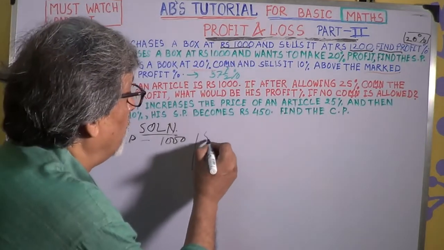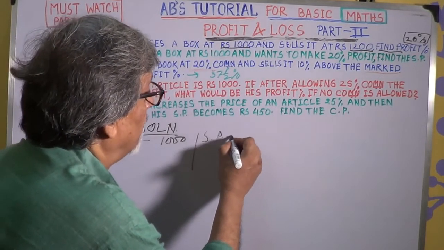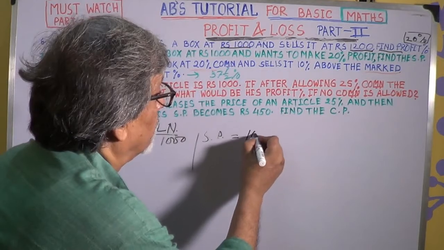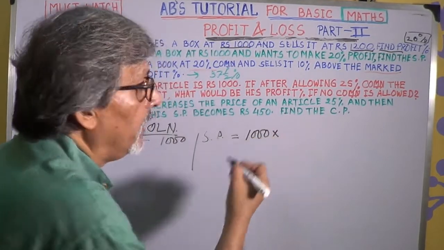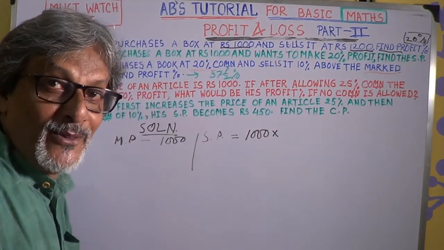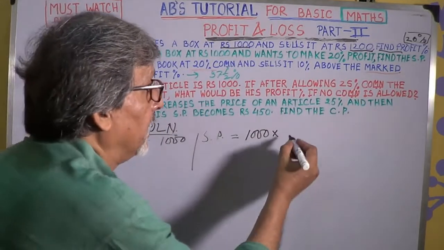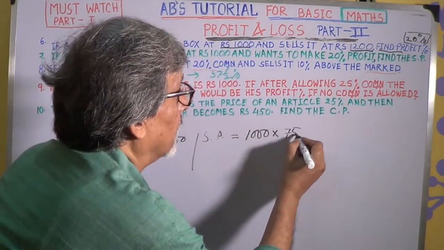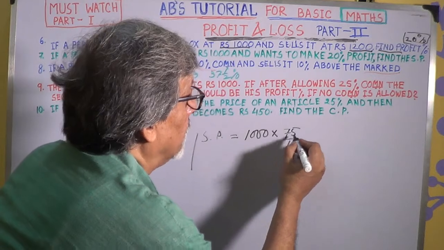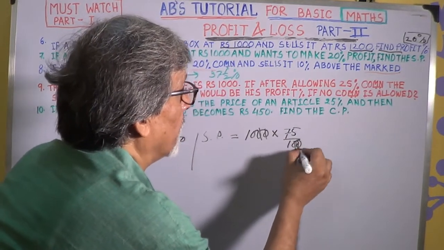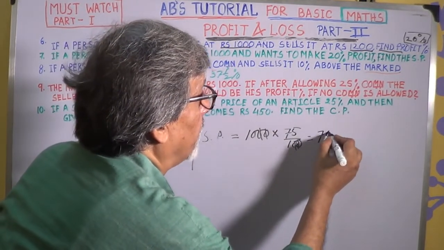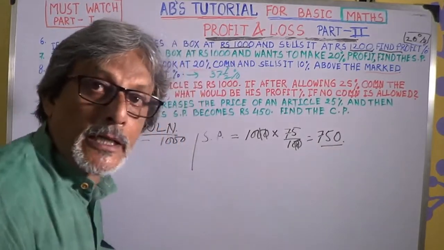So SP, the selling price, will be 25% less, this means 75% of this marked price. So this 00 cancels, so this becomes rupees 750. This becomes the selling price.